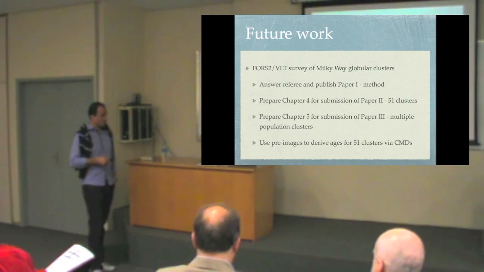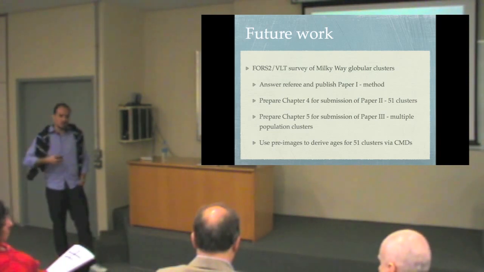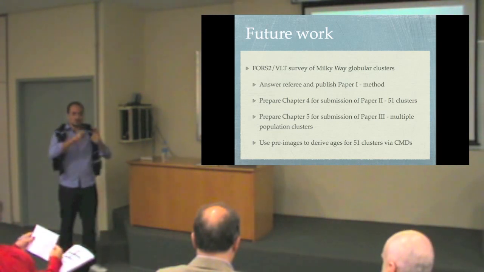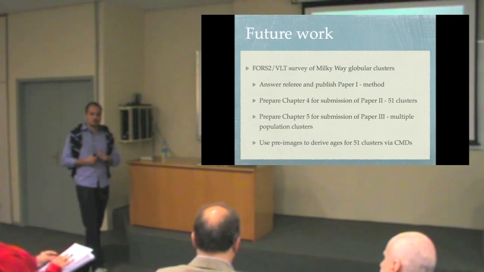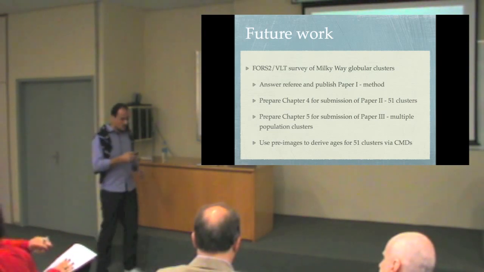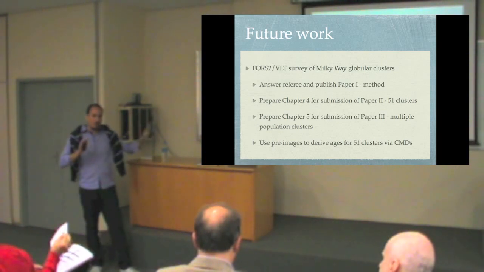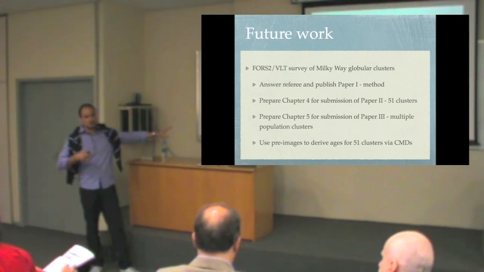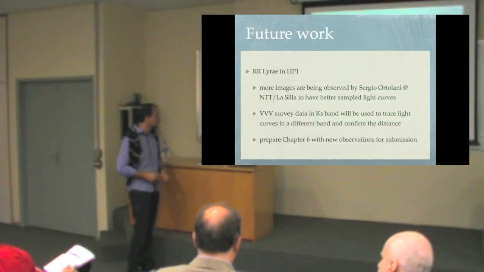And another thing that we can think of is using the pre-images that we used just for selection of the red giant stars to derive the ages of these clusters. Because as I told you, there is no coincidence of the whole sample of these clusters with a homogeneous derivation of ages. So we could do that and derive a whole picture.